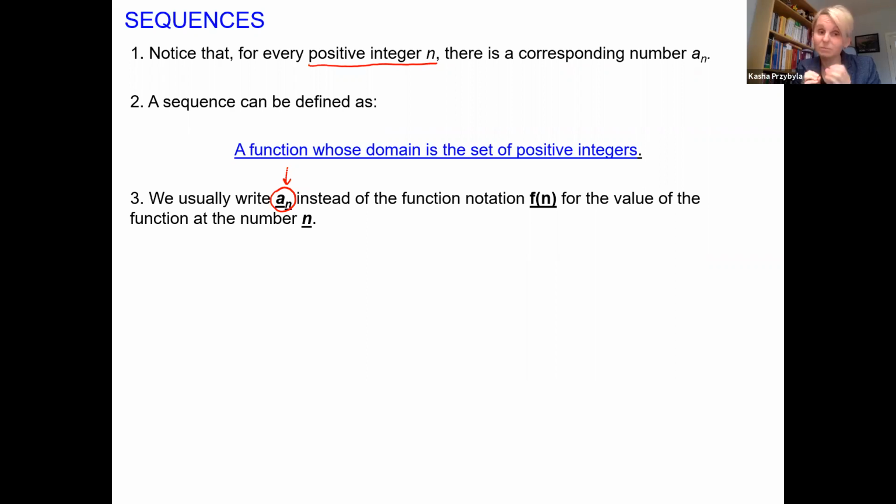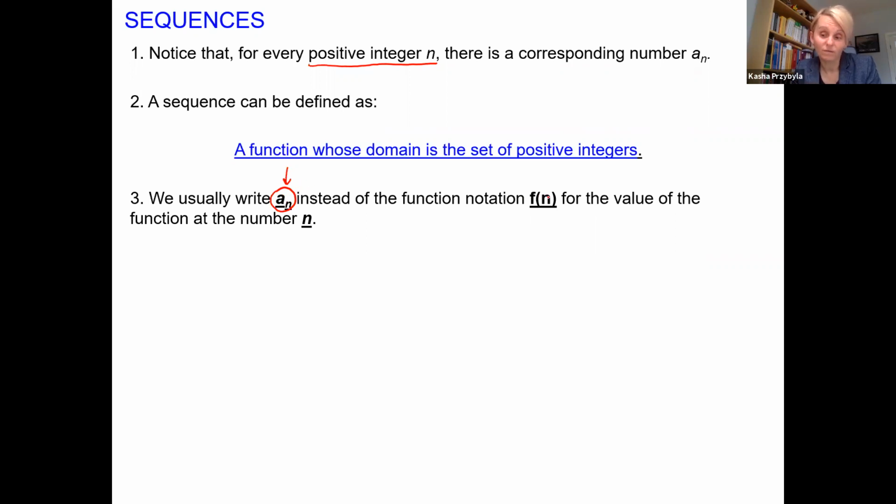We have to remember it's just positive integers, kind of like discrete mathematics, just points. Something defined for 1, something defined for 2, and so on, with nothing in between.